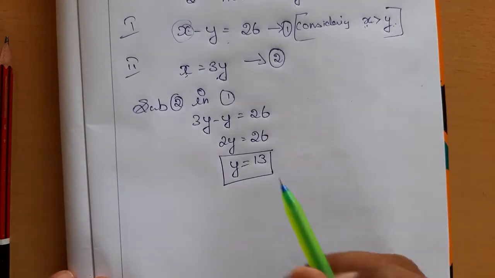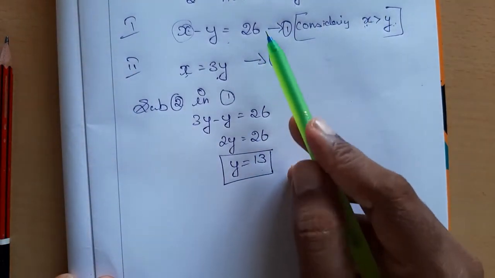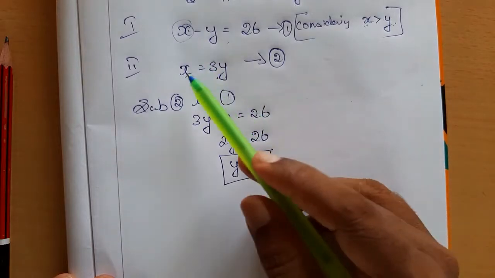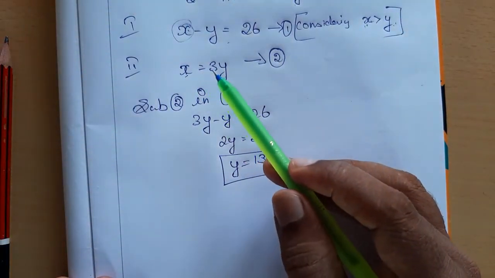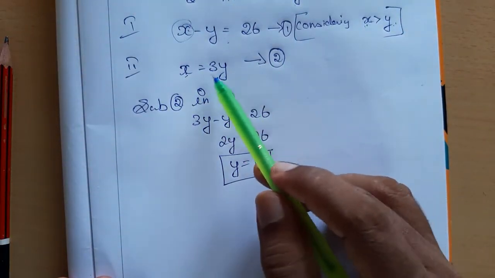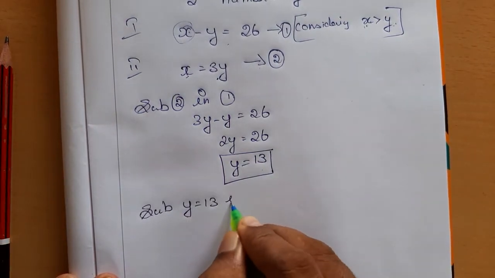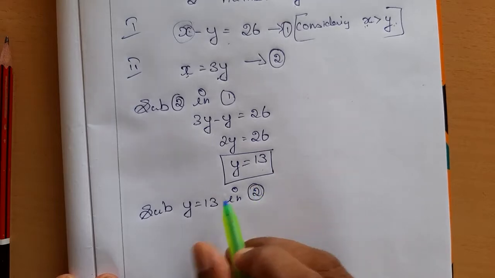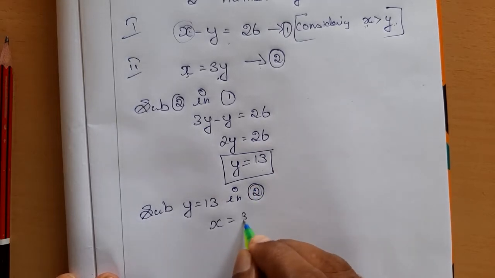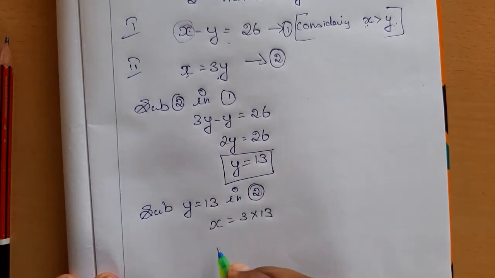Now substitute this y is equal to 13 in either of the equations, and you will get an x value. Let me substitute in the second equation itself, so it will be easy. Substitute y is equal to 13 in equation 2. So x is equal to 3 into 13, so x is equal to 39.